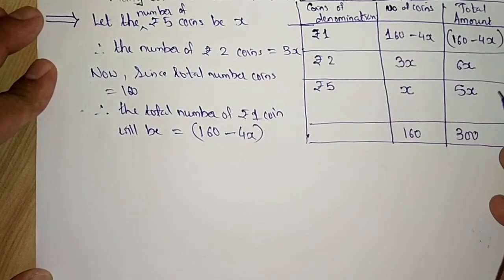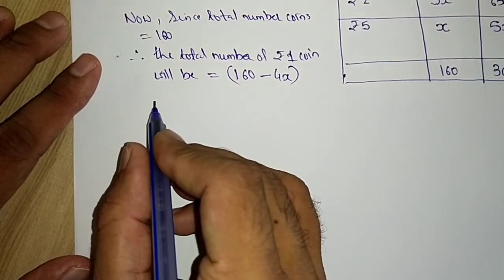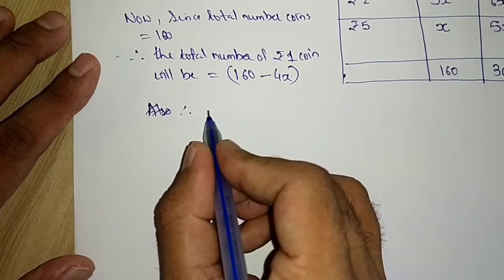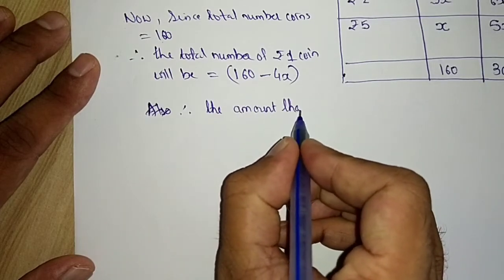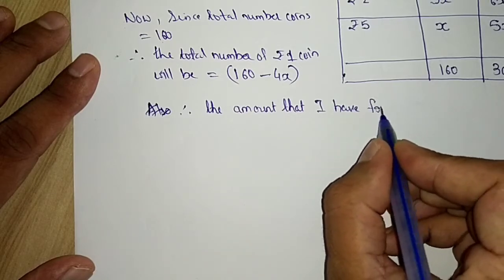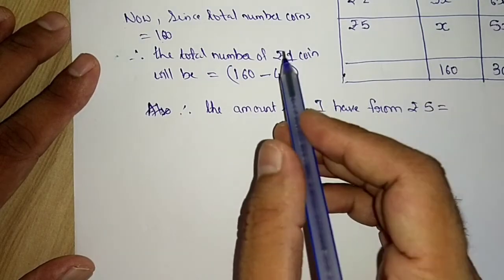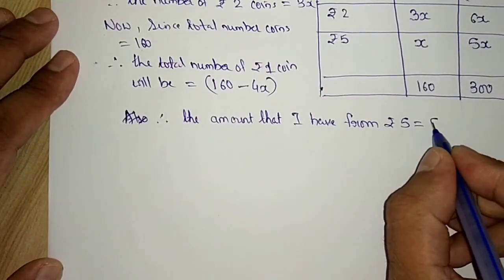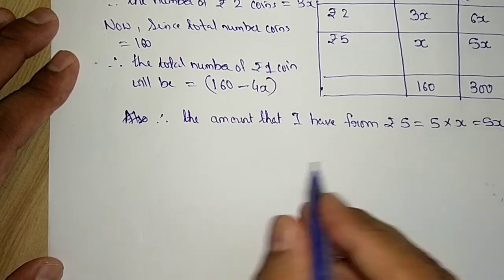Similarly, we have written the number of coins, so I will also write the amount. Therefore, the amount that I have from rupees 5 will be how much? 5 into x. The value of 5 is 5 and the number of coins is x, so it will be 5x.